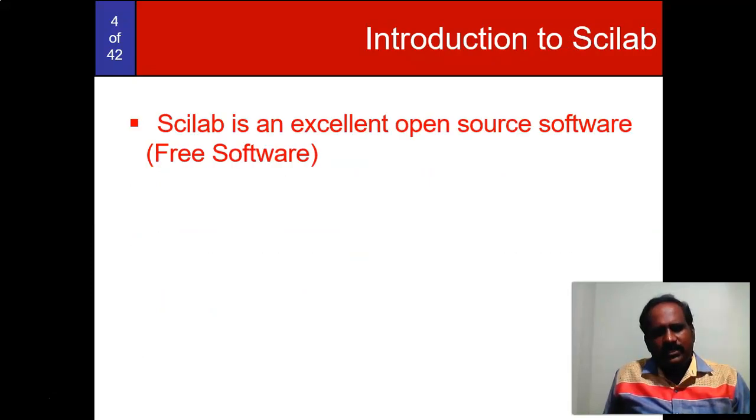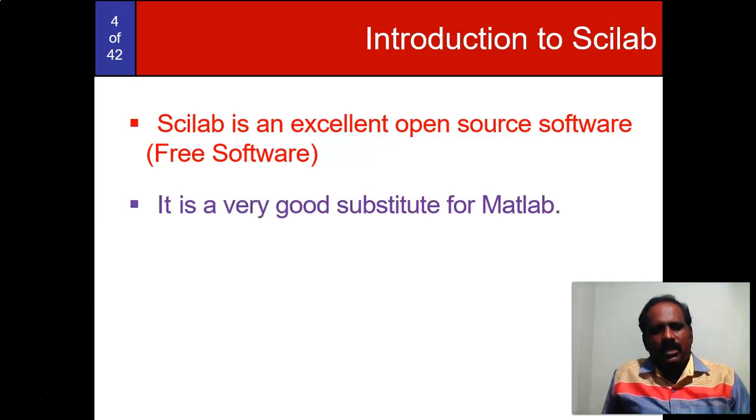So coming to the introduction of Scilab. Scilab is an excellent open source software which comes in a free version, and it is a very good substitute for MATLAB. Everyone knows MATLAB, but so many people still have not heard of Scilab. Scilab is an alternative for MATLAB.